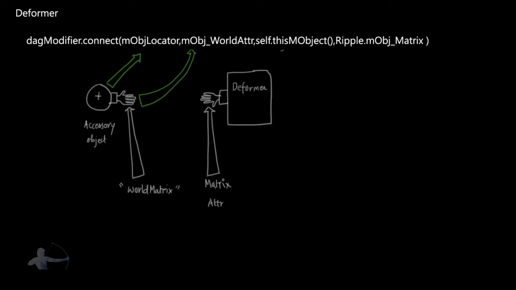Then we provided the m object of the deformer node, and then m object handle of this matrix attribute. So as soon as we provided these four arguments or parameters, DAG modifier knows what to connect, and after executing this, it connected these two attributes.